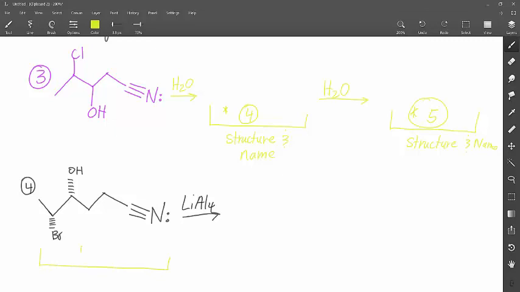So this is star number 6, name and structure. Over here, star number 7, name and structure. Okay.